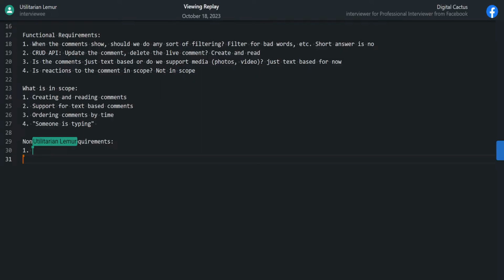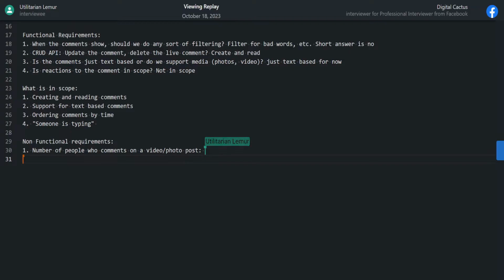Basically here, the questions that I'm going to ask is, based on your knowledge about Facebook, how much do you think will be the number of people that will write comments on videos or photos?